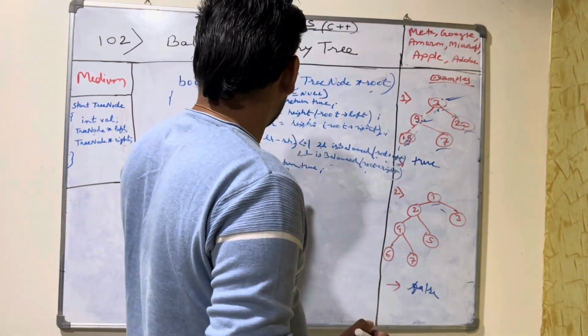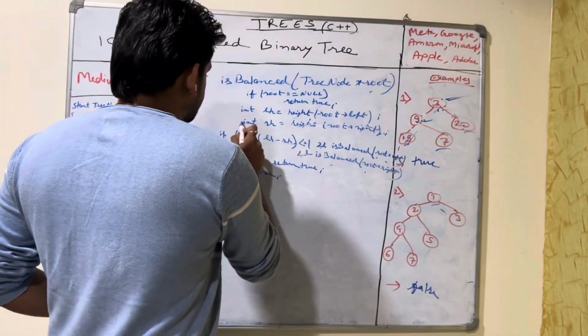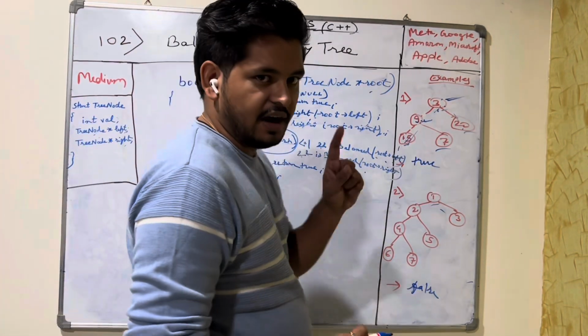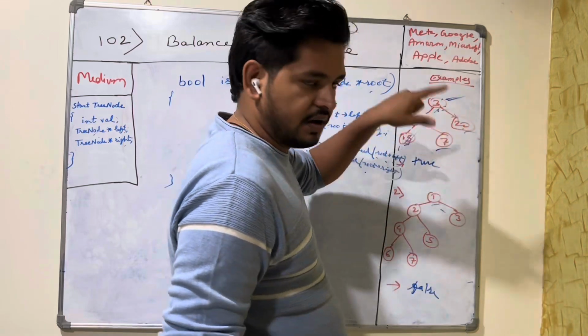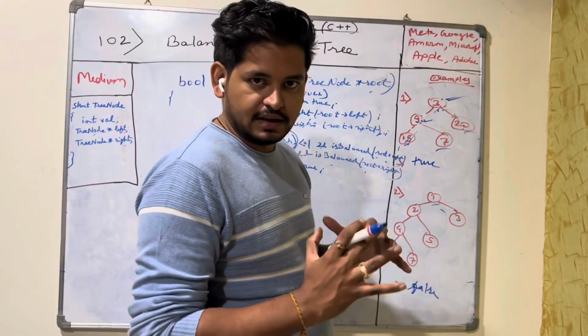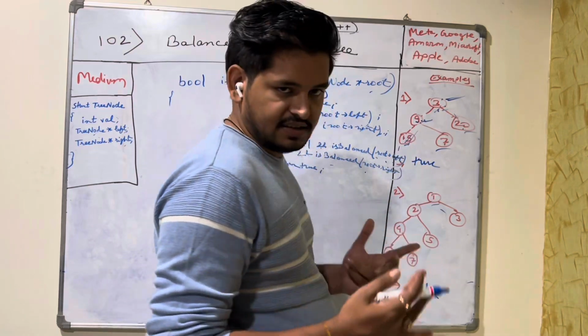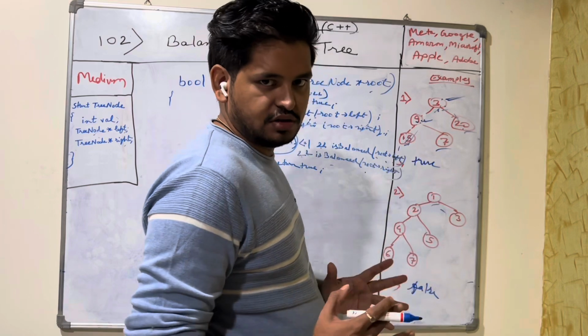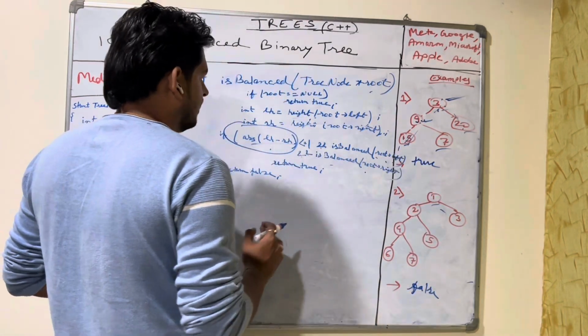But here, can we use this condition while just finding the height of the tree once, so that we get the answer instead of finding the height of all the nodes separately?